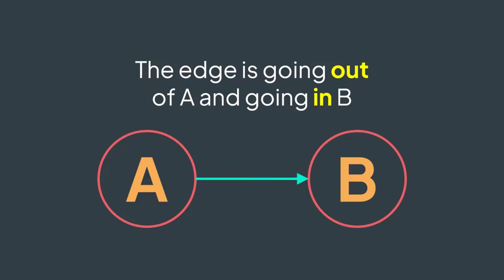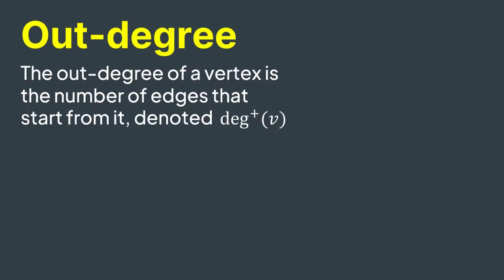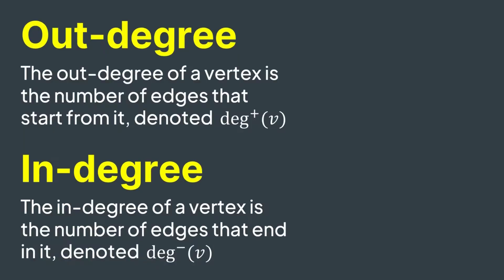So, a vertex can have edges going out of it, their total number is named the out degree, and it can also have edges going in it, their total number is named the in degree. In other words, the out degree of a vertex is the number of edges that start from it, denoted deg superscript plus v, and the in degree of a vertex is the number of edges that end in it, denoted deg superscript minus v.